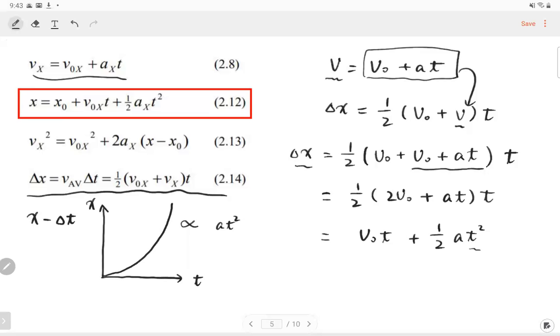Okay. This is the x-t graph. And do you have any questions? Okay, let me move on.